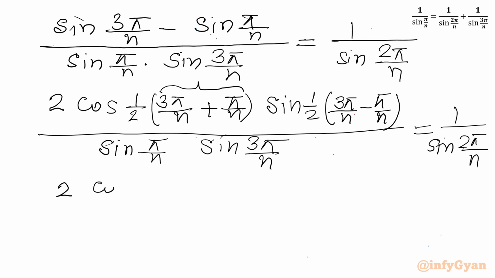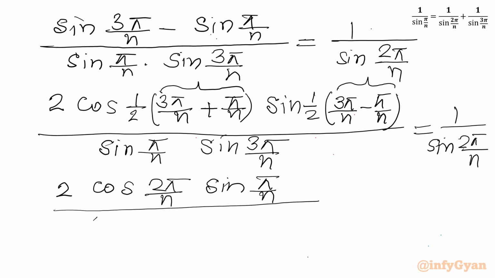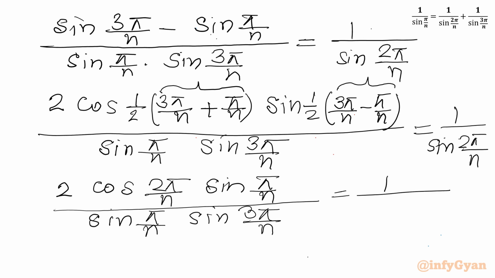So I can write 2 cos 2 pi over n. Here I will be writing sin 2 pi over n and half is there, so pi over n. In the denominator, sin pi over n, sin 3 pi over n, RHS is 1 over sine 2 pi over n.